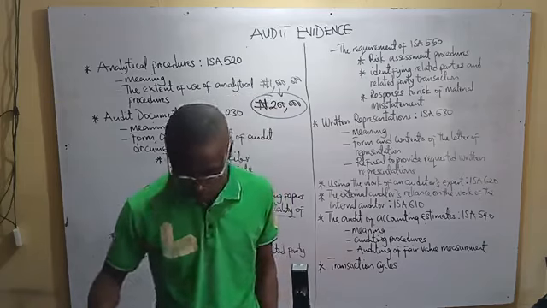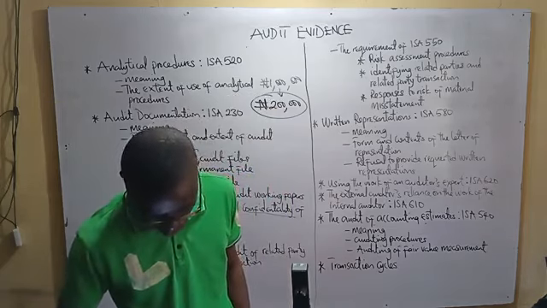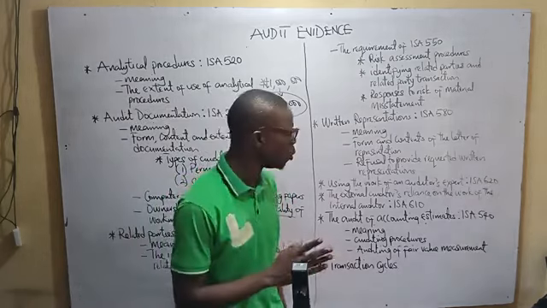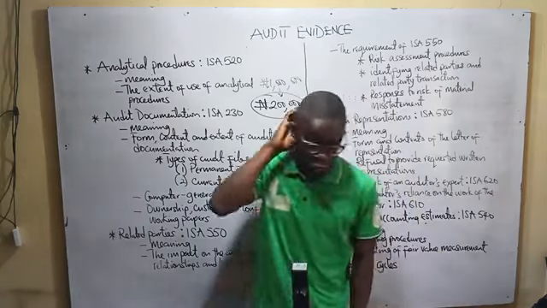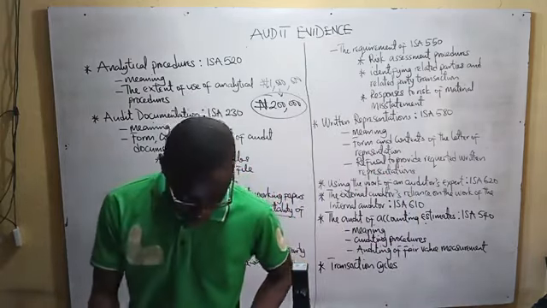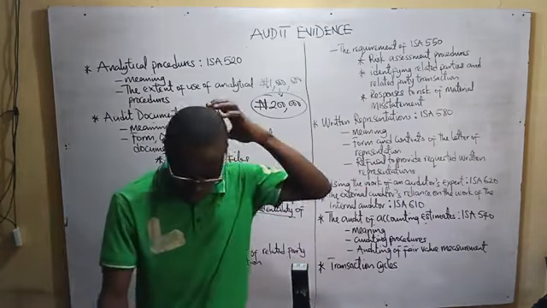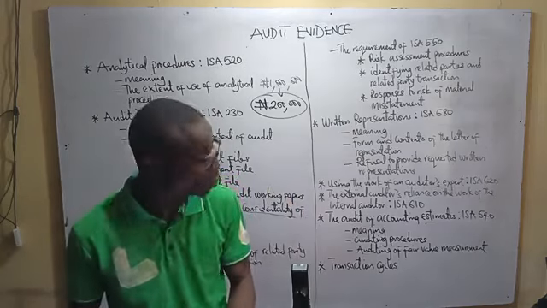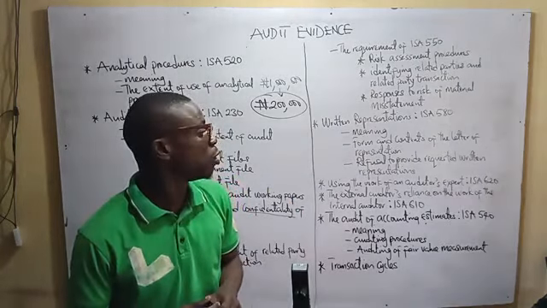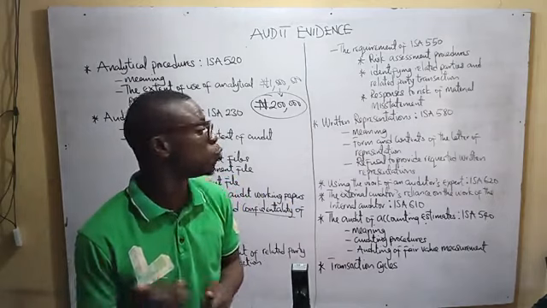However, this is the procedure you need to follow in assessing the work of an expert, because you may be given a scenario and asked what procedures you use to assess the work of an expert. So let's look at what International Standard on Auditing 620 says.